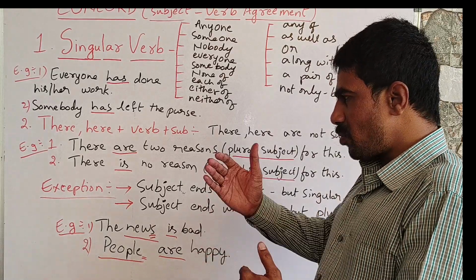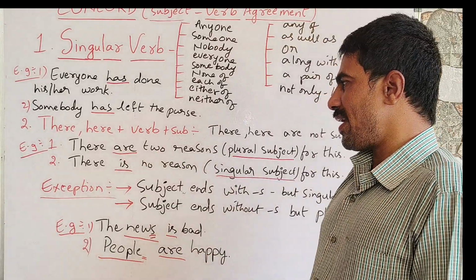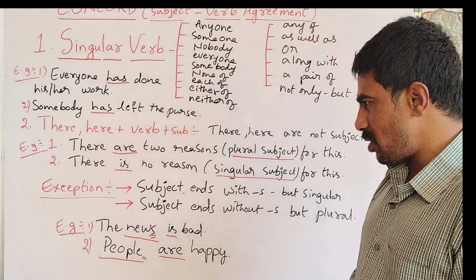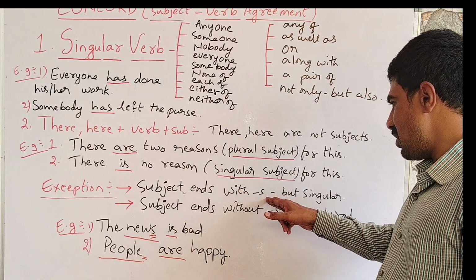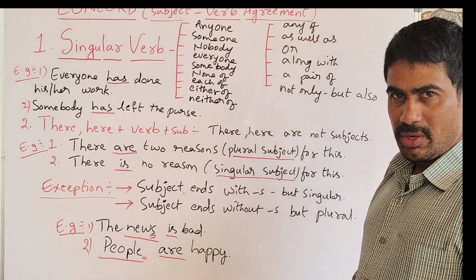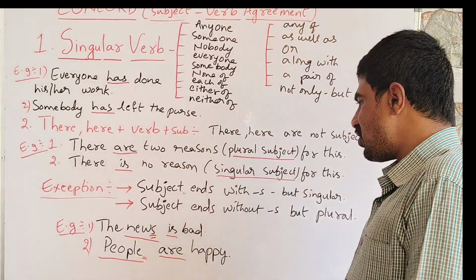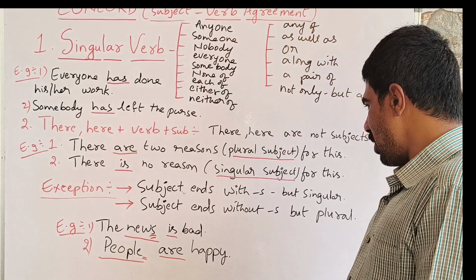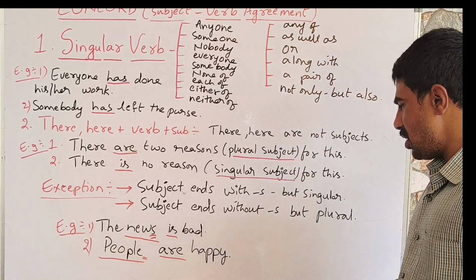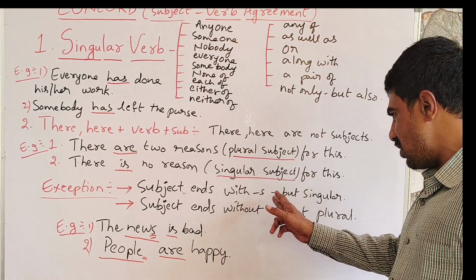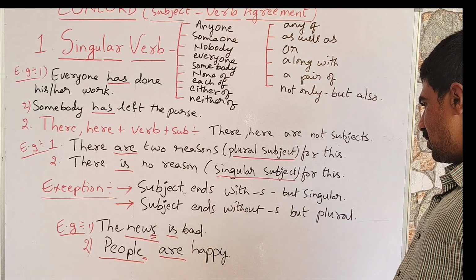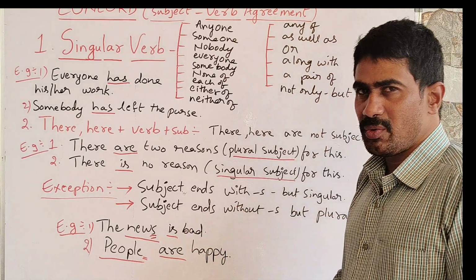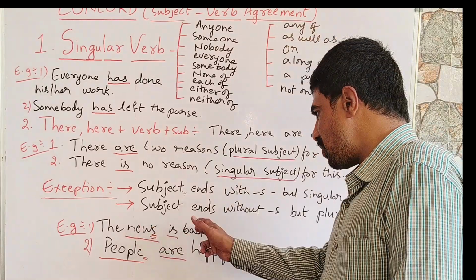So friends, let us come to one particular exception. What is the exception? If a subject ends with s, it is not always singular, and if a subject ends without s, it is not always plural. Though the subject ends with s, it becomes singular, and though a subject ends without s, it becomes plural. Look at this: the news is bad.